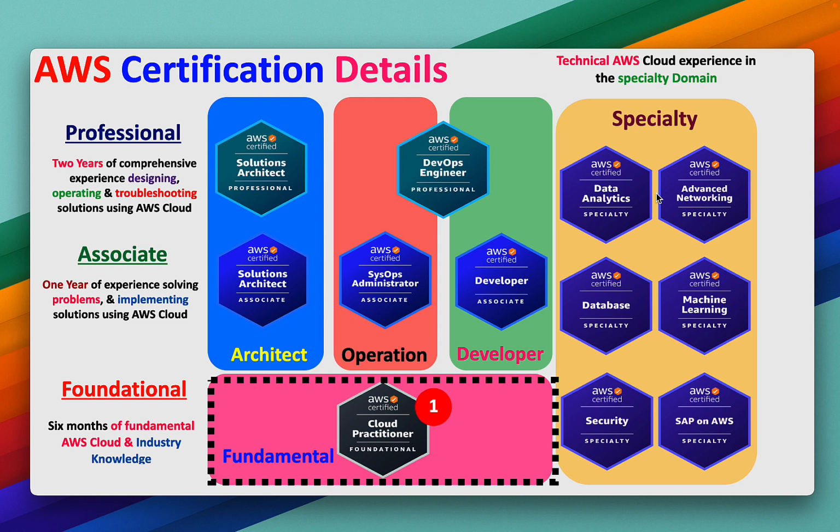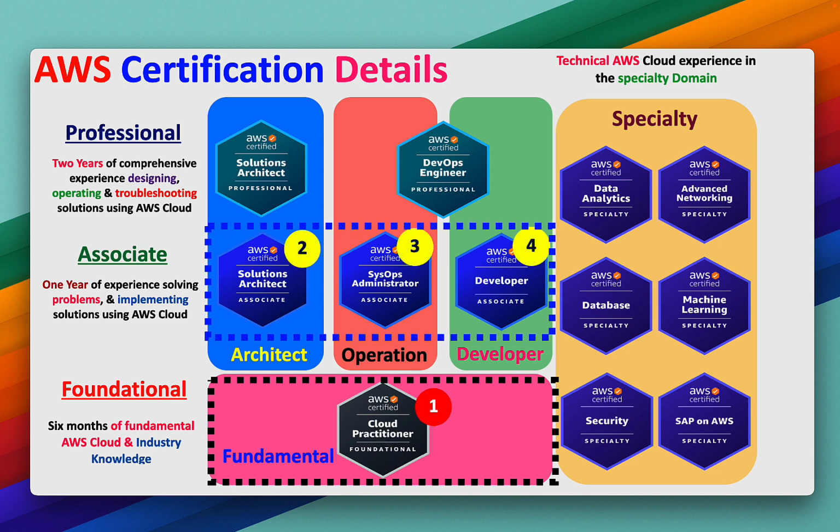You can decide accordingly and appear for that certification as well. But the order in which we can take the certifications, that's what we need to look out for. So the first thing is the foundational certification. The very first certification that we have is Cloud Practitioner, as I've already mentioned, and then we have the second, third and fourth certifications which we can appear for.